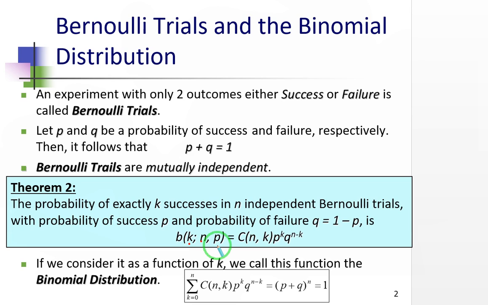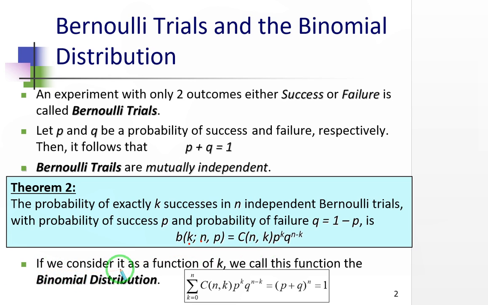Using the combination concept, C of n, k, the total number of independent trials and the chosen number of successes, then P raised to power k, which means the probability of k successes, and Q raised to power n minus k. So this is your formula: combination of n and k, with P raised to power k, Q raised to power n minus k.